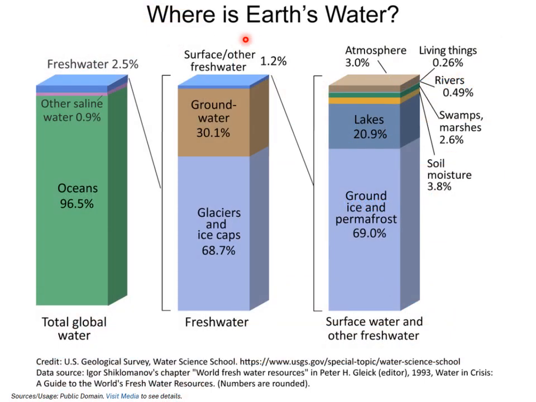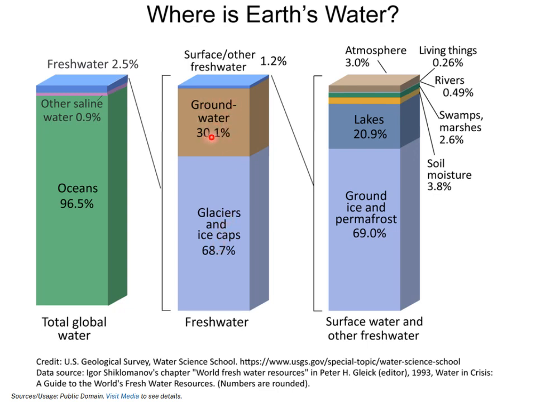So where is Earth's water? So as I said, only a small percent is actually fresh water. Most of it's tied up in the oceans. So this is salty water that's mostly undrinkable. And so we're really focused on fresh water. And of that 2.5% of fresh water, most of it's tied up in glaciers and ice caps.